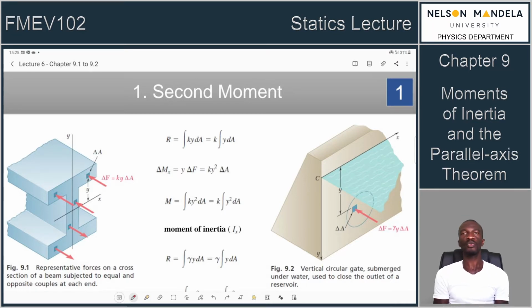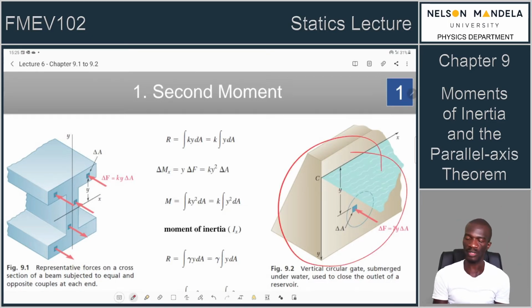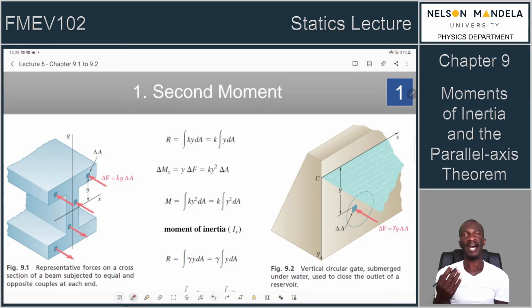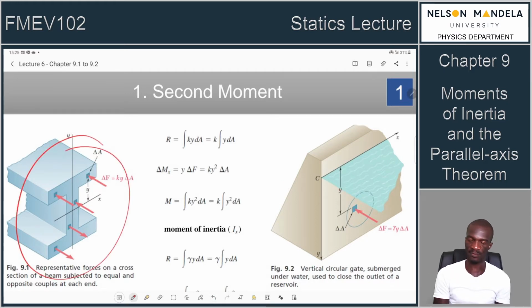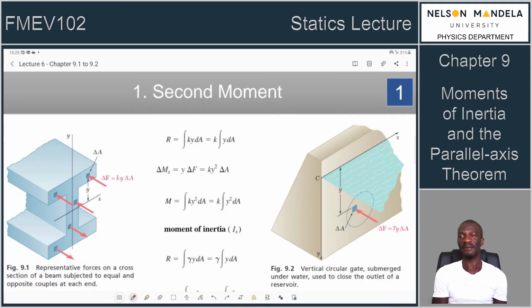In these two arrangements, what is common is that we have forces which have a magnitude that depends on the height at which you measure the forces. On the right hand side, on the dam wall, these forces are height dependent because of the pressure. On the left hand side, these forces are height dependent because of the pressure, again, that is exerted on a beam.